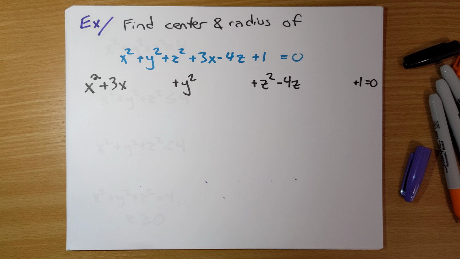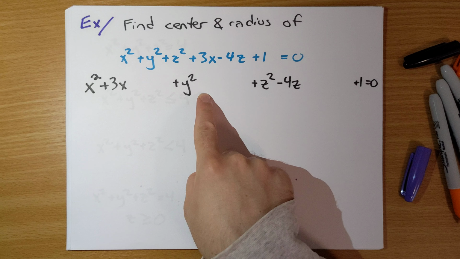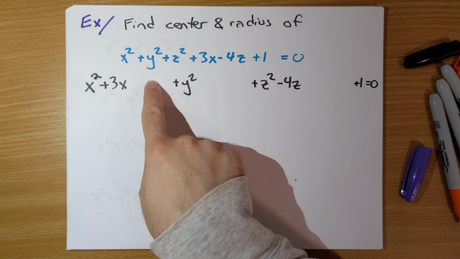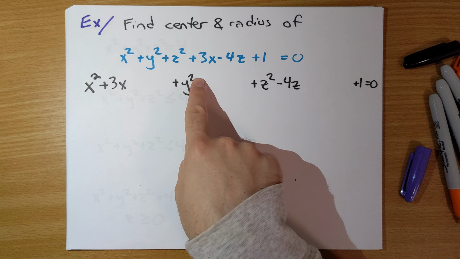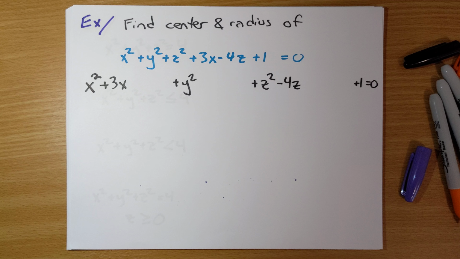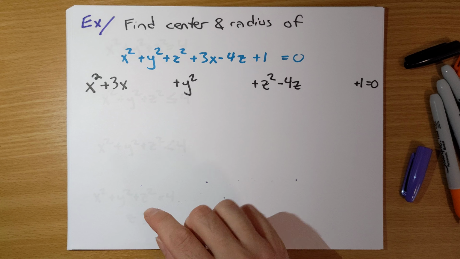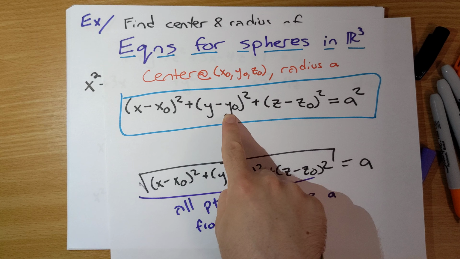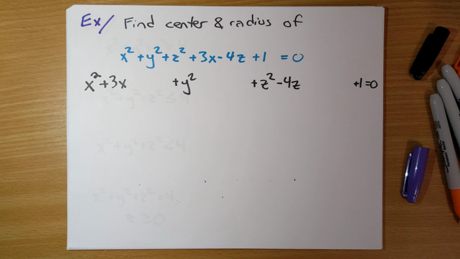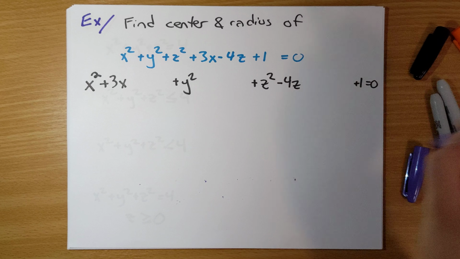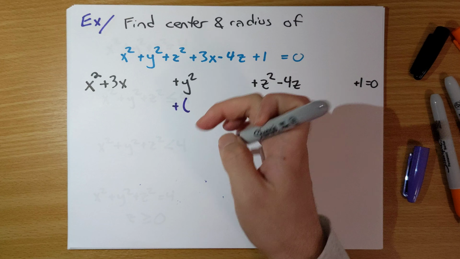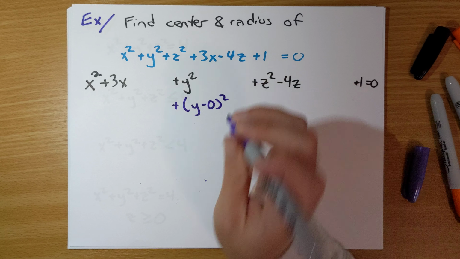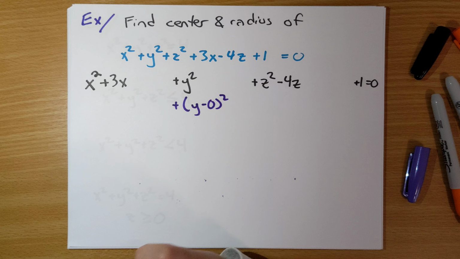What I'm going to do here is fill in terms, which we'd have to add or subtract on the other side, so that we can write them as x minus something squared, y minus something squared, z minus something squared. One of them is really easy. The y² here is just (y − 0)². So that's done.